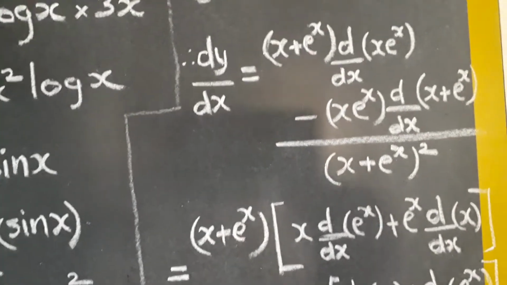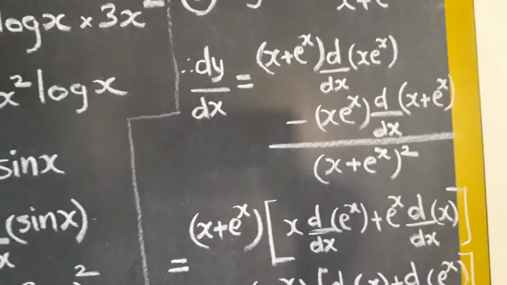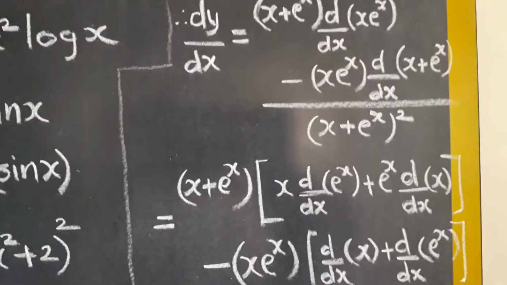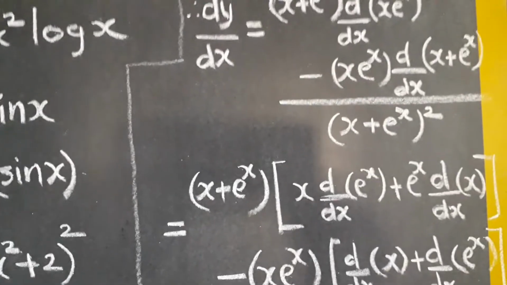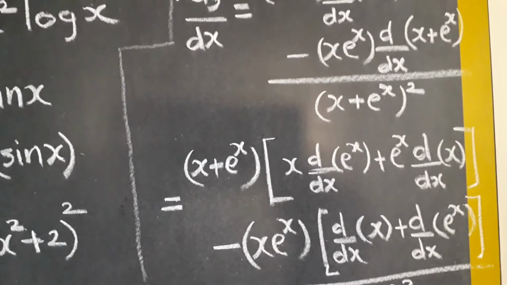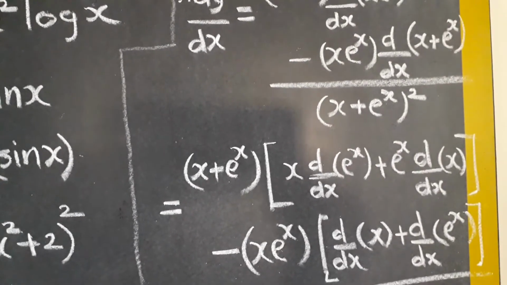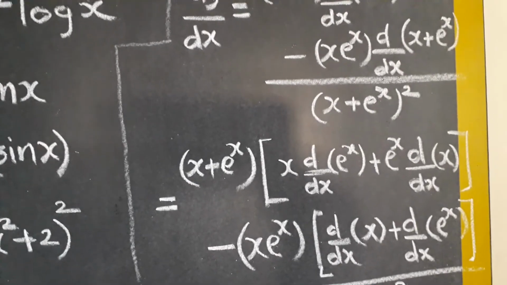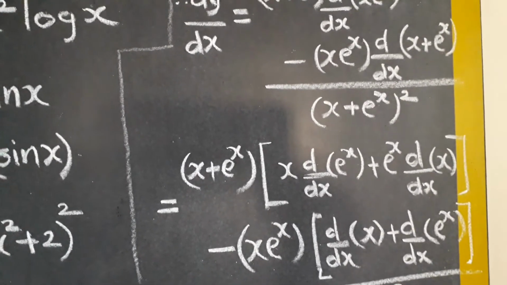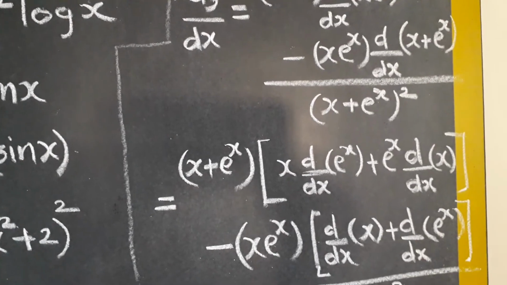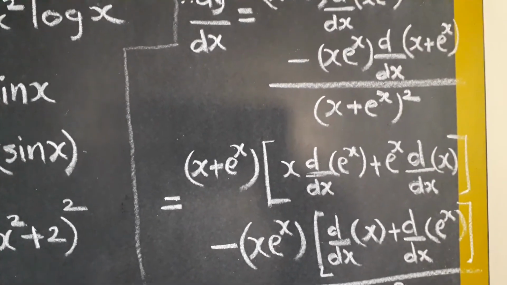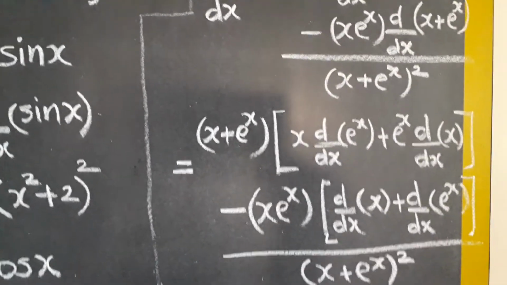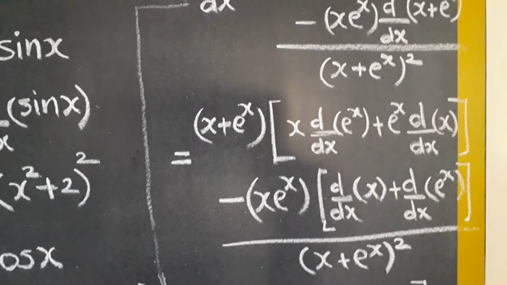That is it for the first term. The second term is written as x into e raised to x into the derivative of x plus e raised to x. Here, how many terms are there in x plus e raised to x? Two terms. So we separate out the derivative of the two terms in this way and write upon v square. Okay, is that clear?